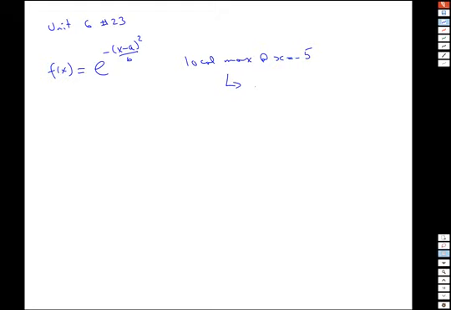As soon as you say it's a local maximum, then you know it also has to be a critical point. As soon as you say it's a critical point, then you know that f prime of x at -5, the slope, has to be 0 at that location.